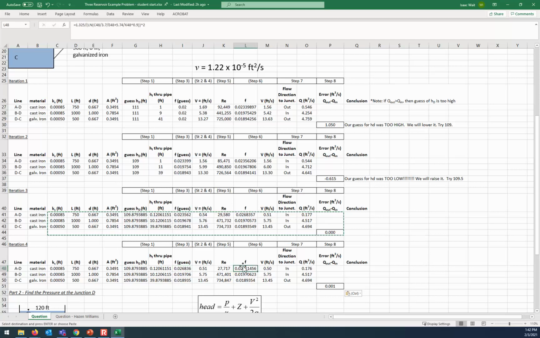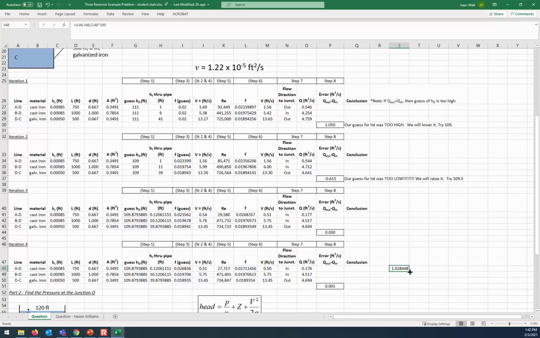What's an okay threshold? If it's within 2% or so, let's check the percent change of the F values. So this minus that, let me put parentheses around it, divided by the new one, and times 100.